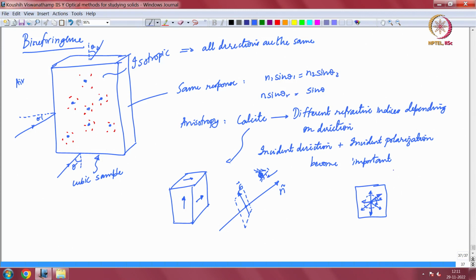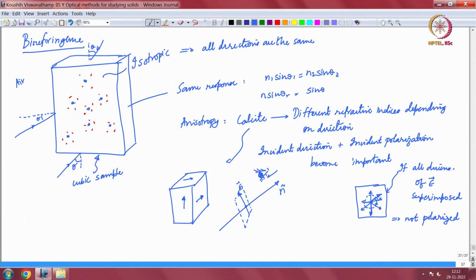The moment that happens, if you have all directions of E bar superimposed, then that light is not polarized, or unpolarized. So, typically light coming from the sun or from some light source is typically not polarized, the field oscillates in all directions.